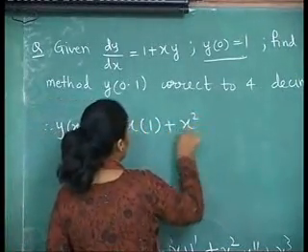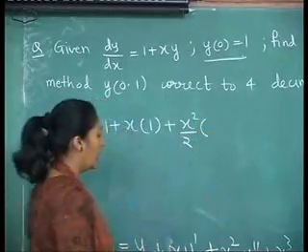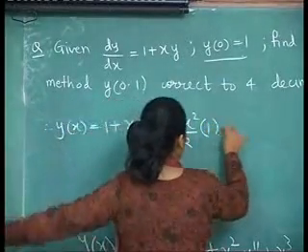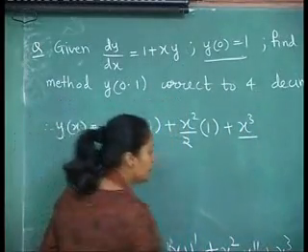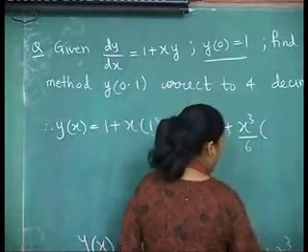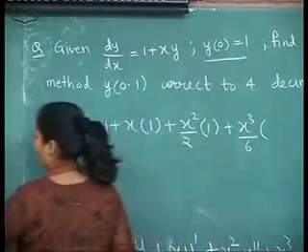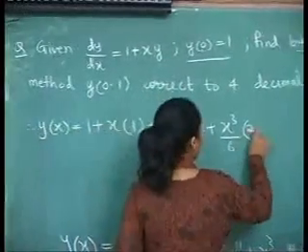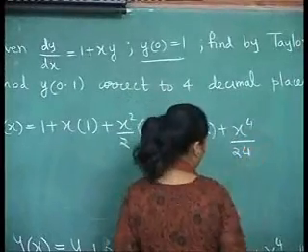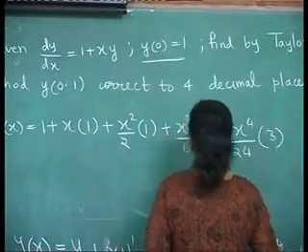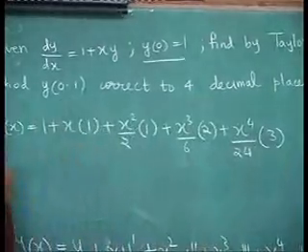Then x square, 2 factorial is 2, y naught double dash is 1. I have just now calculated all the values. X cube upon 3 factorial, 3 factorial is 6, y naught triple dash is 2. Plus x raised to 4 upon 4 factorial, that is 24. Fourth derivative is 3. I will take this only up to the fourth derivative.